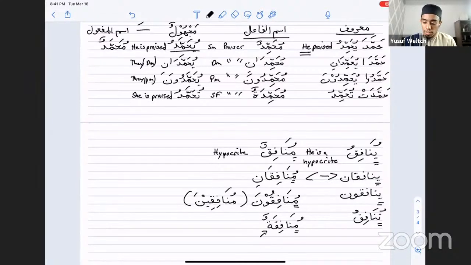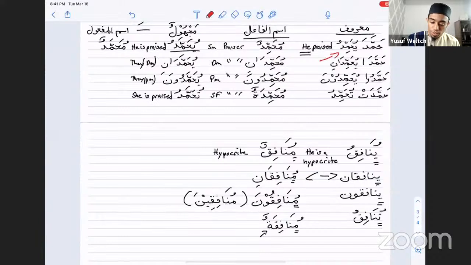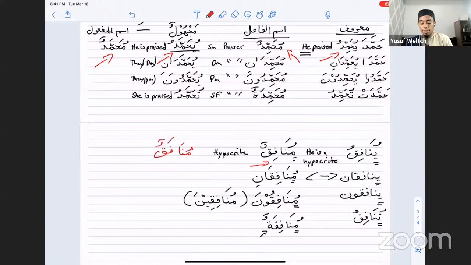So again, yuhammidu, and this one is made from yuhammadu. One results in muhammidun, and the other muhammadun. Munafiqun, and the other one would be munafaqun, if that's even a real word. Somebody who is hypocrited.